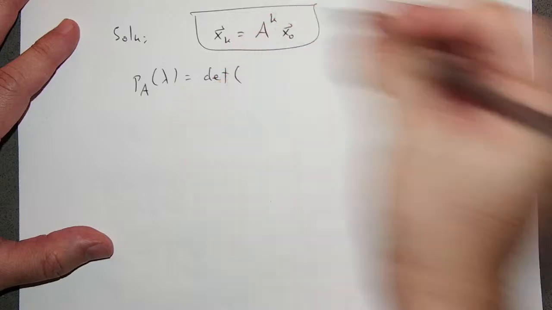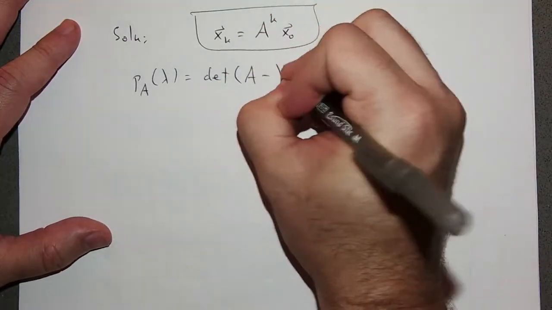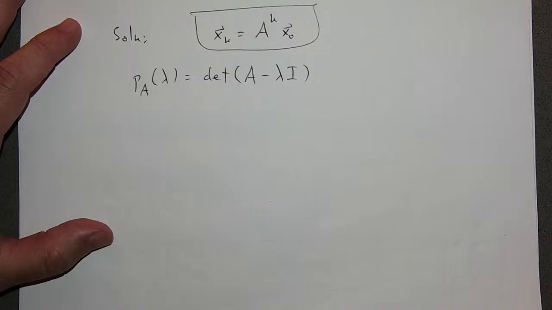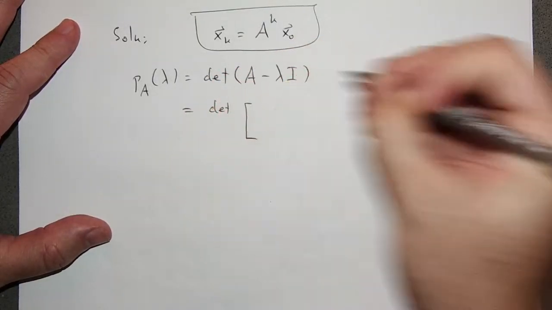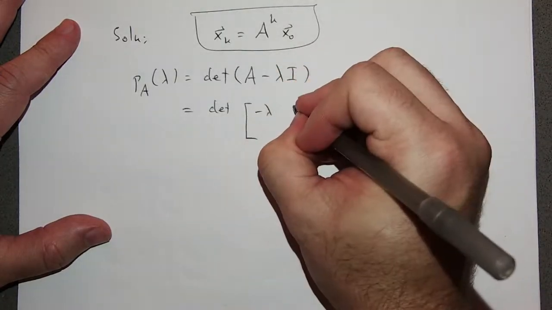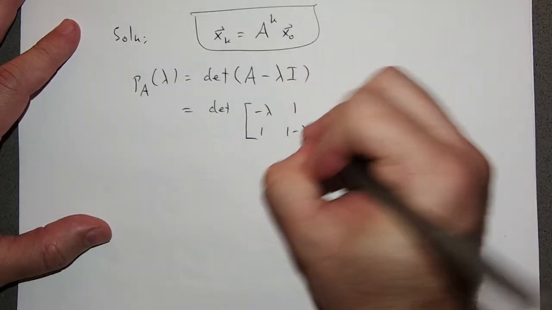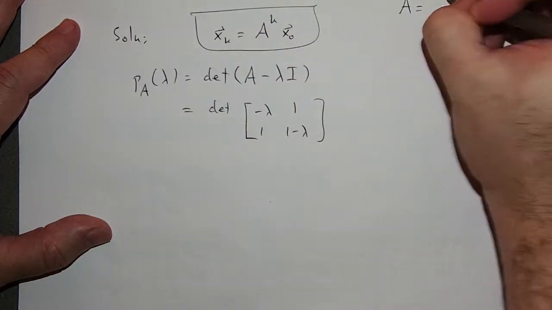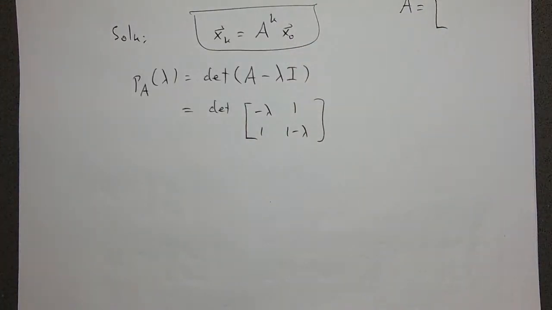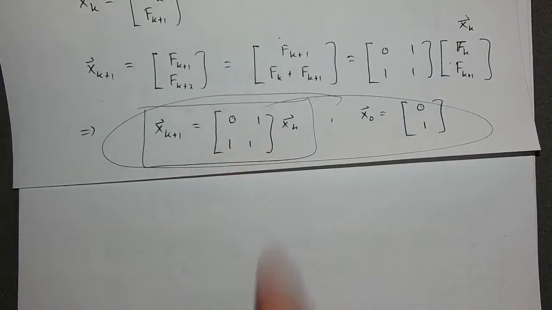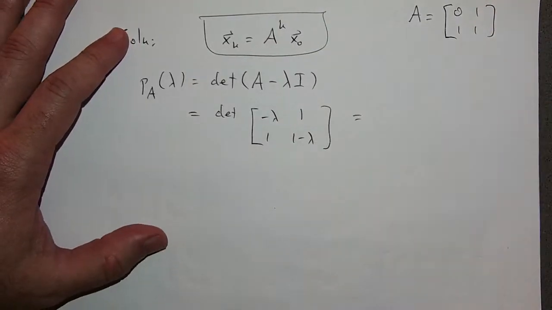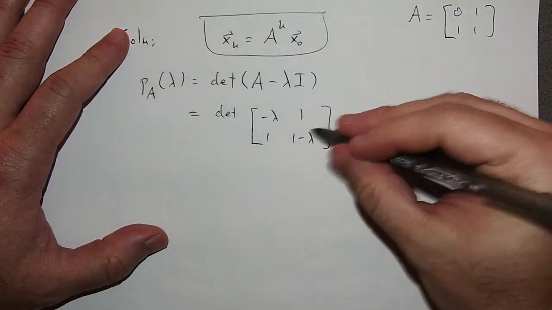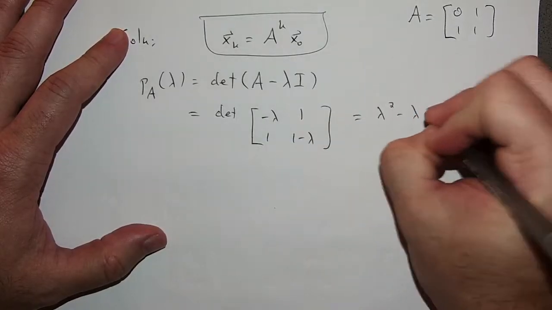This is the determinant of A minus lambda I, which is the determinant of the 2 by 2 matrix minus lambda, 1, 1, 1 minus lambda, because A, just to remind you, is the matrix 0, 1, 1, 1. What is this determinant? It is the quadratic lambda squared minus lambda minus 1.